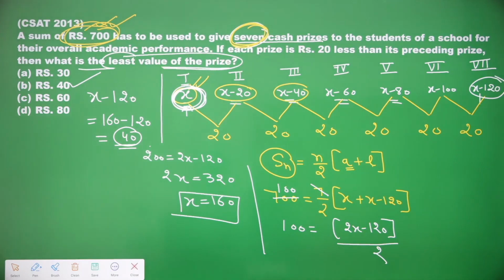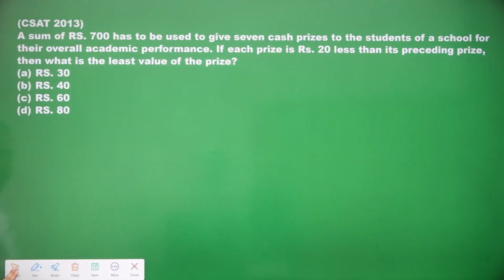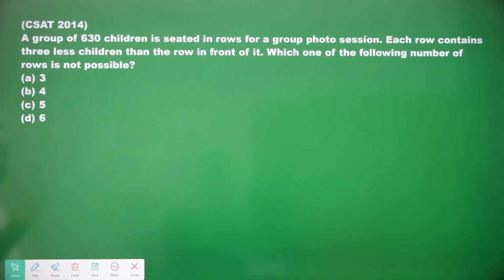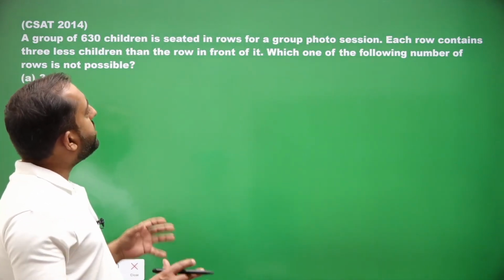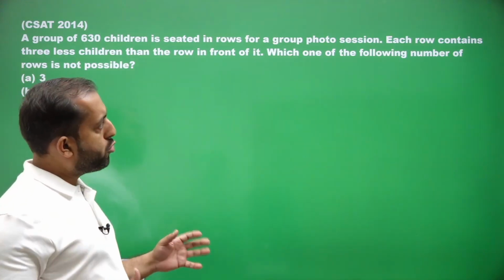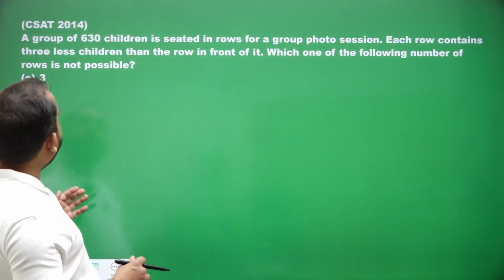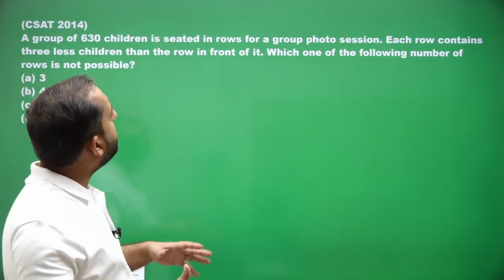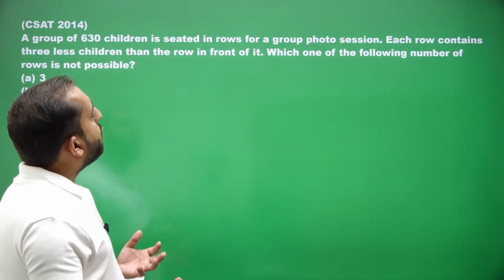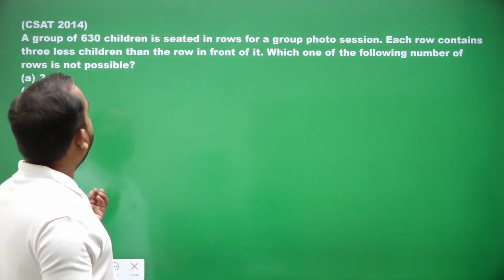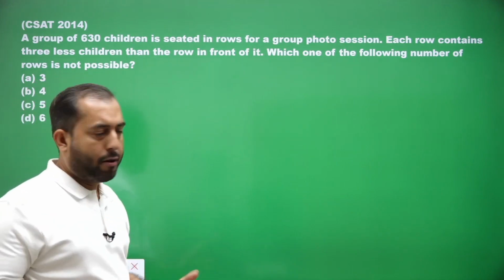Okay, let's move on. This question says, a group of 630 children is seated in rows for a group photo session. Each row contains 3 fewer children than the row in front of it. Which one of the following numbers of rows is not possible?